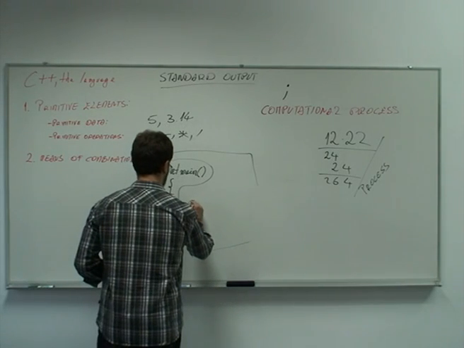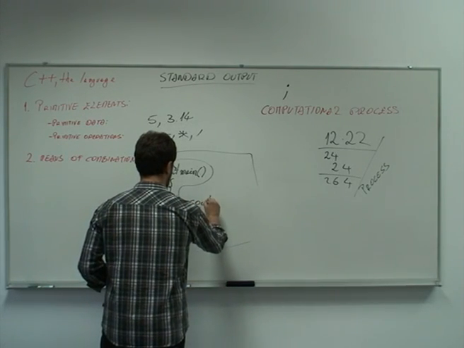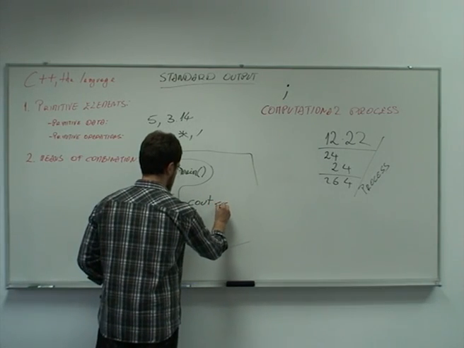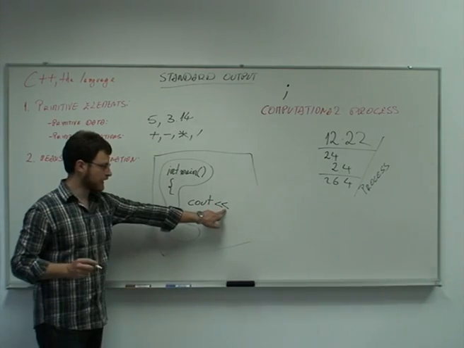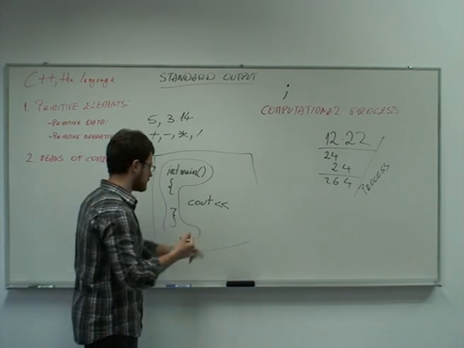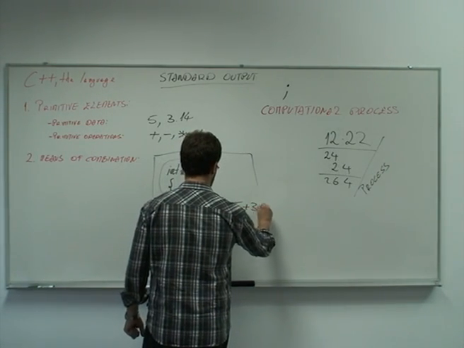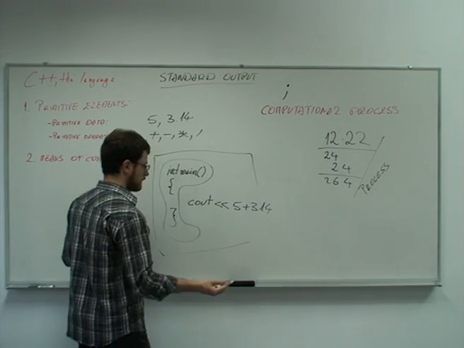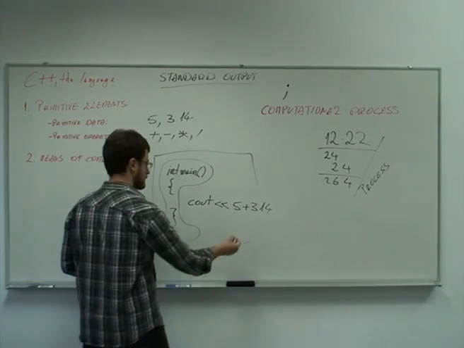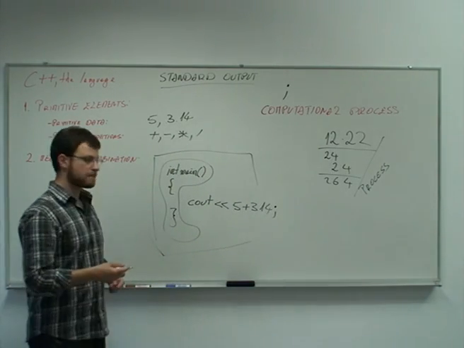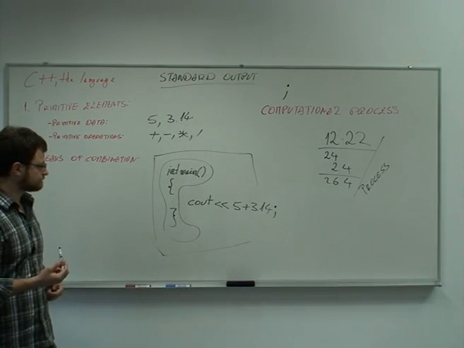I write cout, and then I employ less than, less than, a strange digraph. I'll come back to it. And the expression we had before, 5 plus 3.14, and the semicolon in the end to demarcate this statement.